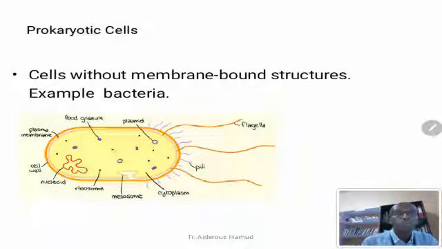There are very few organelles inside them, and the organelles found in the cytoplasm of prokaryotic cells do not have membranes that separate them from the other parts of the cytoplasm, and this is why we call it a prokaryotic cell. Pro means before and karyo means what? Nucleus.